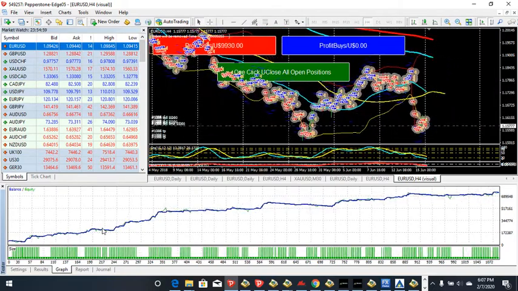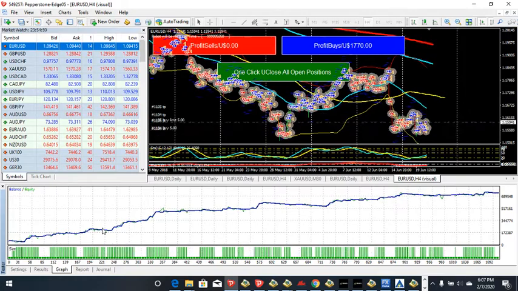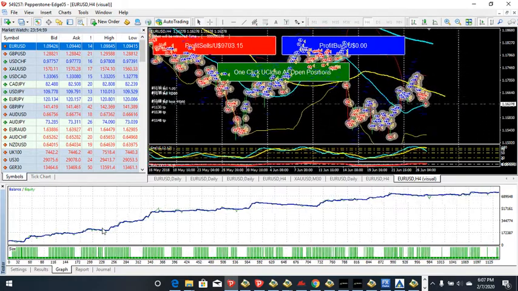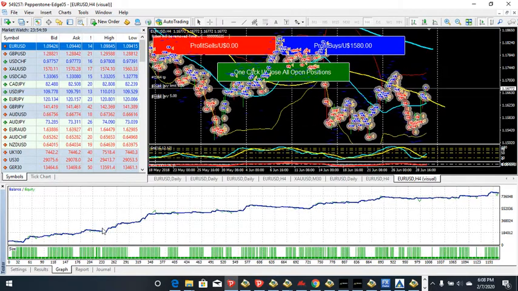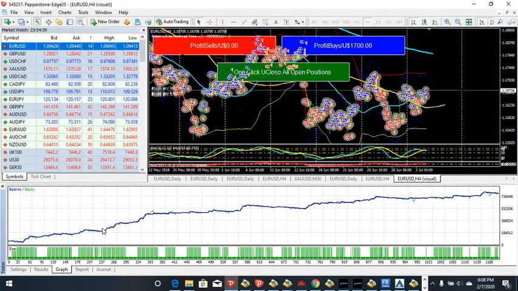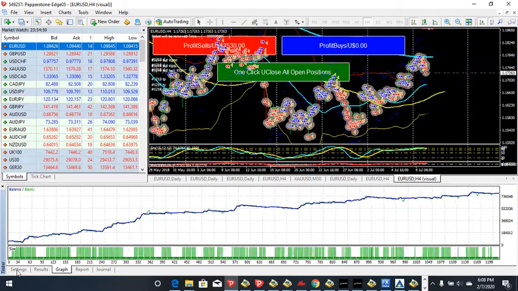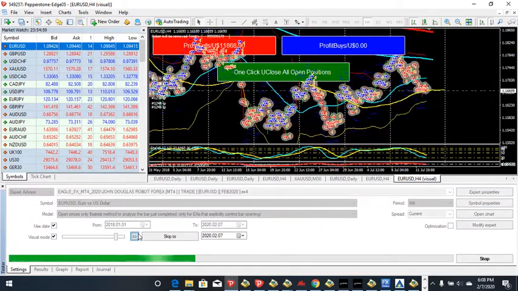This is robot MT4. Trade euro versus US dollars. The blue dot and red dot represent the buy and sell position.